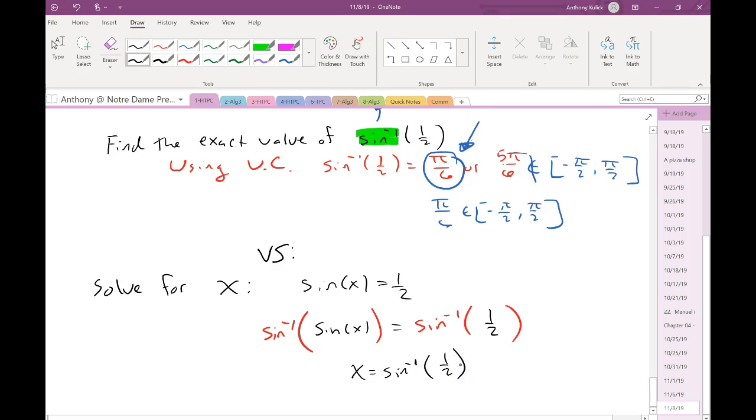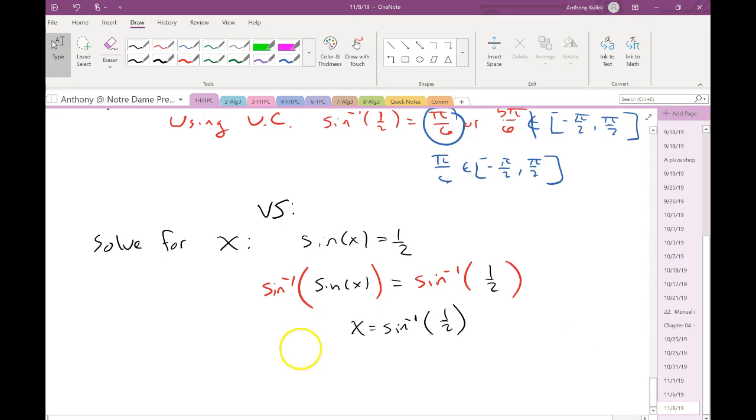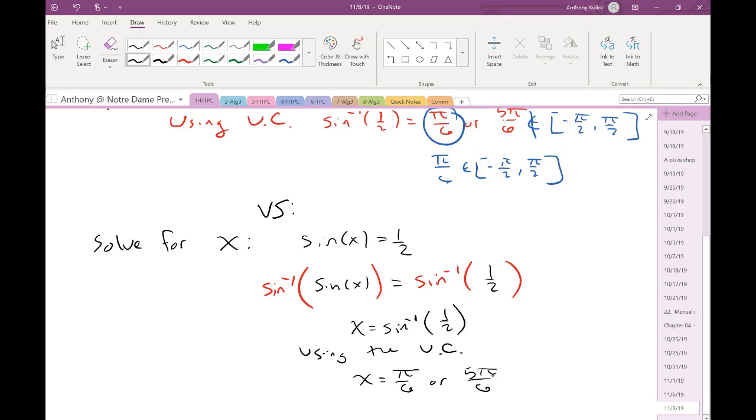Everybody okay here? Seems fine, right? No big deal. And then using the unit circle, we can say that x is equal to pi over 6 or 5 pi over 6. Do we want to take both of these answers? Yes.